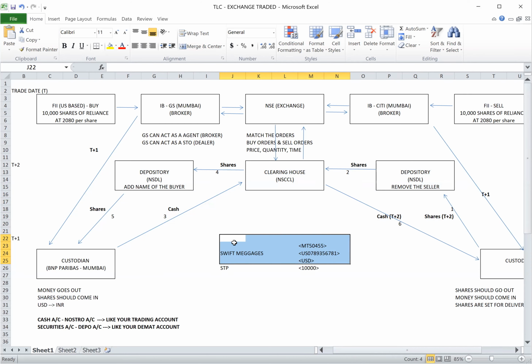Automatic messages are triggered, Swift messages. The message will have the type of Swift message, then the ISIN number, then the currency in which the cash needs to be paid out, number of shares, and the price at which it is bought. All these details would be sent through Swift messages.